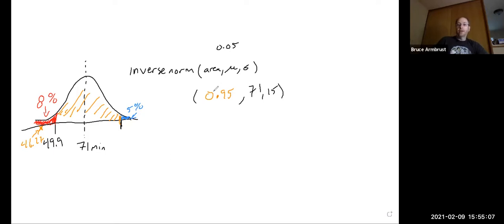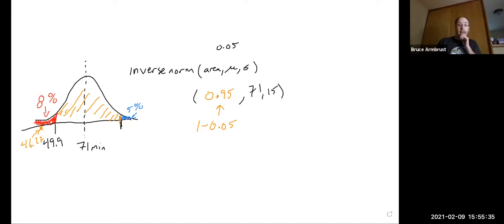So when you do your inverse norm, make sure you're always thinking area below. And if you are actually interested in area above, do 1 minus that, right? The 0.95, that's the 1 minus 0.05. So that would be the trick to find that value.